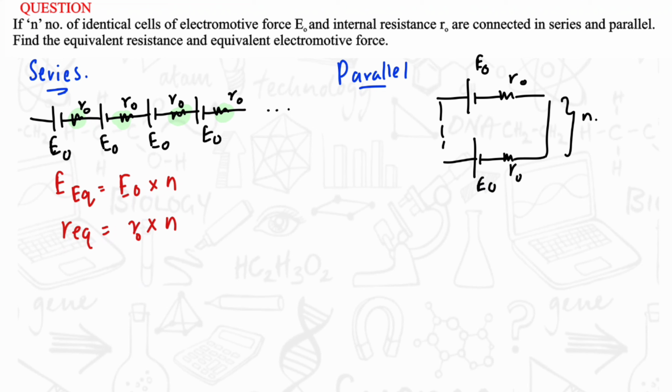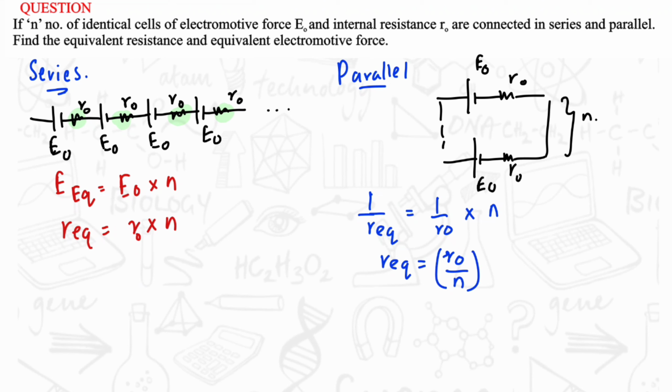So here, if you take the equivalent resistance, it will be 1 over Req equals 1 over R0 times n. So this pattern continues. So Req will be R0 divided by n.